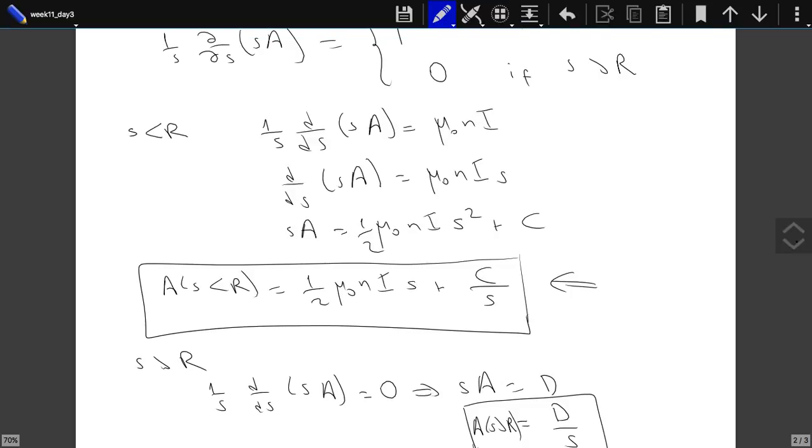How did we obtain this one? We obtained it by requiring that the curl of this should be equal to our magnetic field inside in the z direction. This was our requirement. But we have other conditions on A, not just that B should be equal to the curl of A. We are not looking for an arbitrary A. I'm looking for some A that is, let's say, finite everywhere.